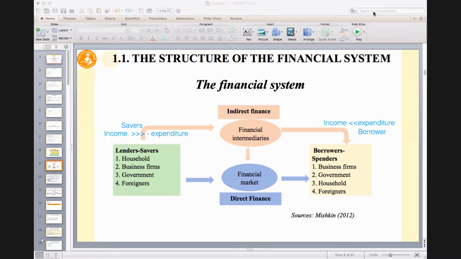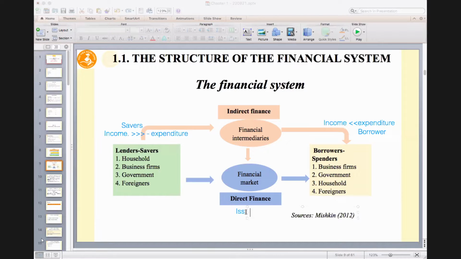Nguyễn Lan Phương, please. I think they can issue the bonds or the stock in the financial market to raise fund.